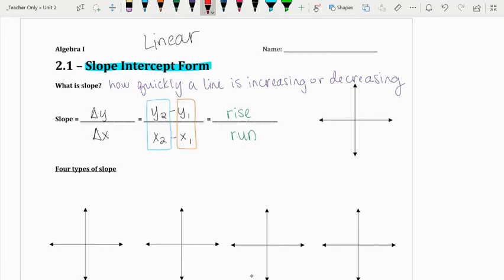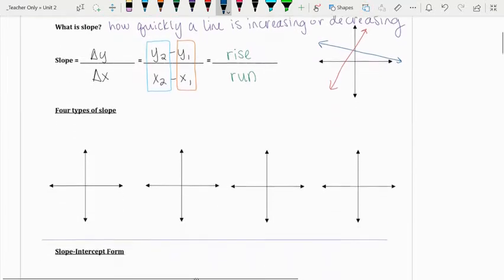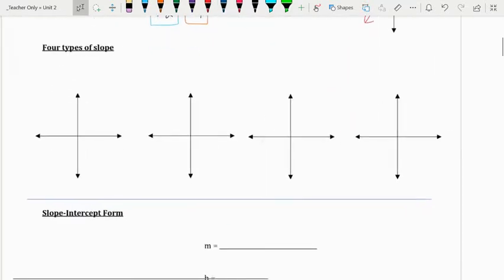So you might have a super steep hill, right, that you're climbing up, or you might have a hill that you're decreasing at a small rate, right? So lines in general, just talking about how fast or slow it is increasing or decreasing.